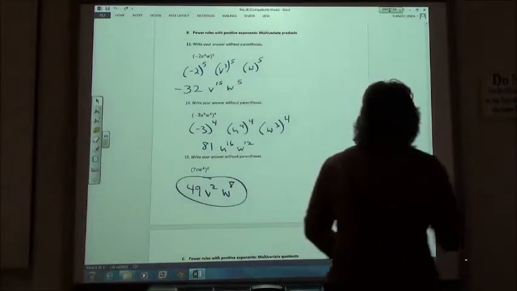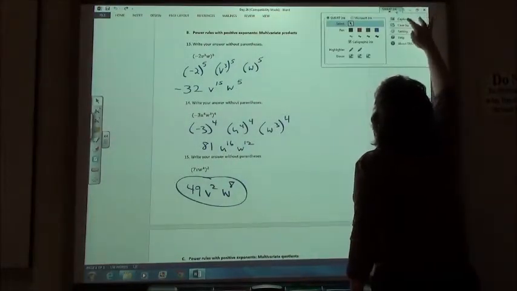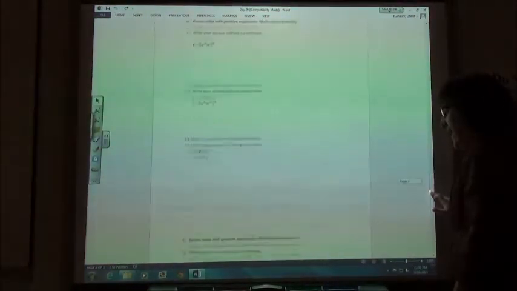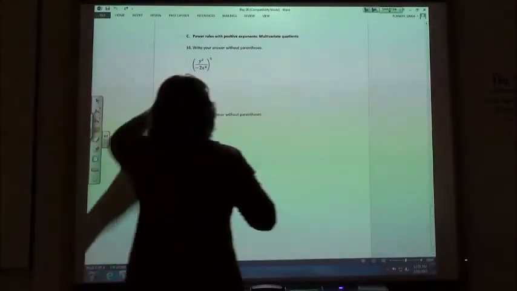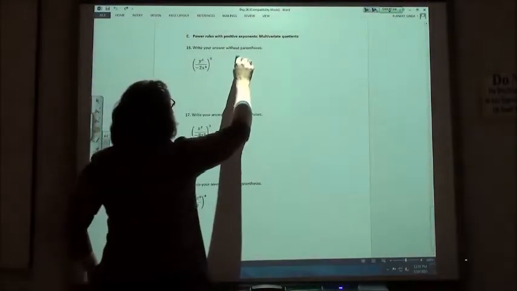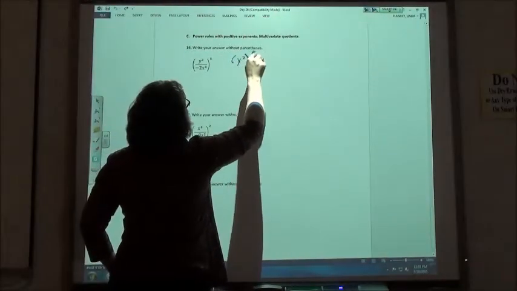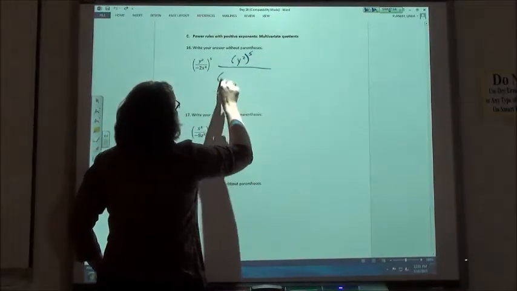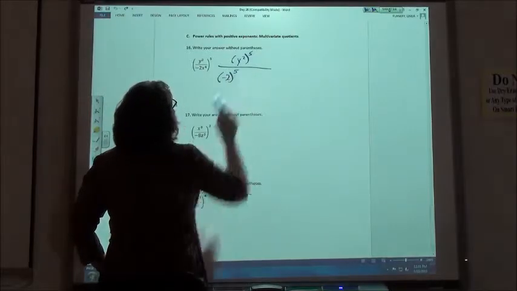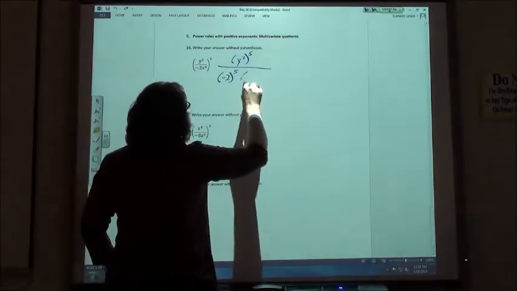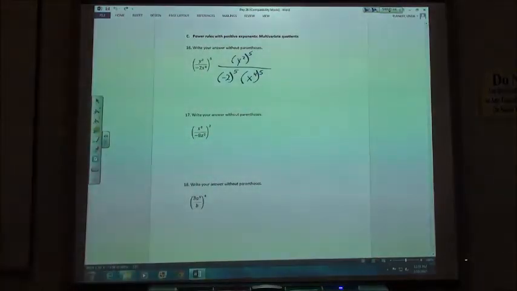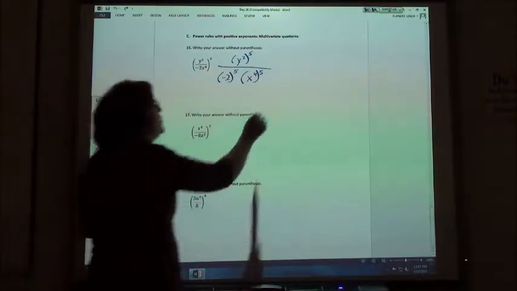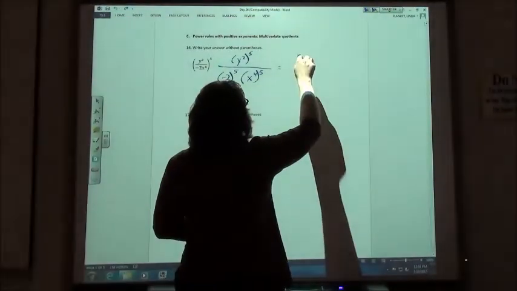And then, just to make it a little bit longer, we throw in some fraction ones. Same rules, though. So when I'm thinking of this, I'm doing the y squared raised to the 5th power, the negative 2 on the bottom of the fraction raised to the 5th power, and the x to the 4th raised to the 5th power. So if I take y squared and raise it to the 5th power, I'm going to get y to the 10.